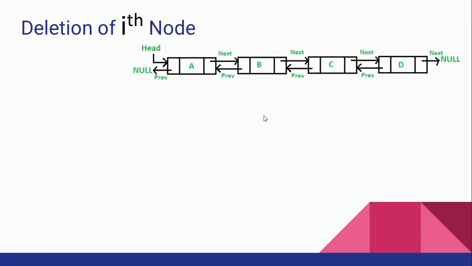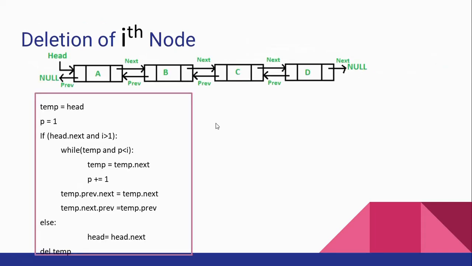How are we able to delete the ith node? As with insertion at the ith position, we need to traverse the list, identify the position i, and then change the links of the nodes around the ith position's previous node. So temp.previous.next equals temp.next.